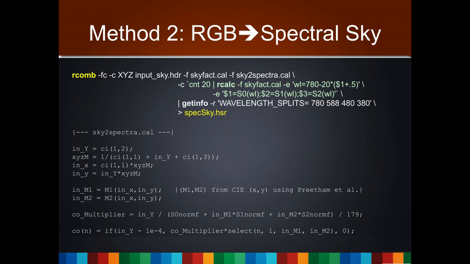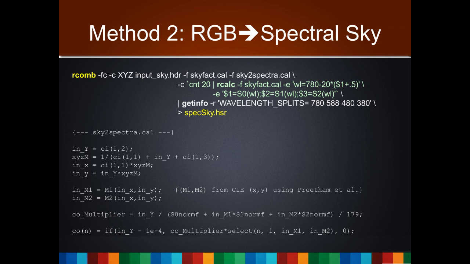And it spits out 60 coefficients, one for each of these sky component channels, that are applied as a matrix to the XYZ coefficients that we got here and converted. And then we just add the wavelength splits, which I should have talked about before, has to be in the header for the file to make it a standard HSR file.